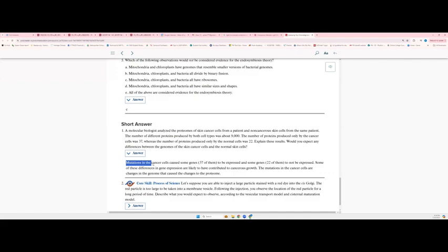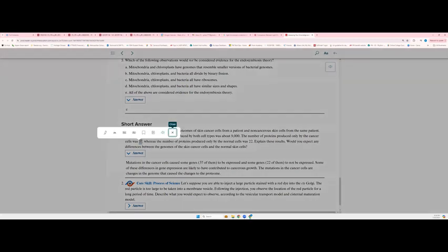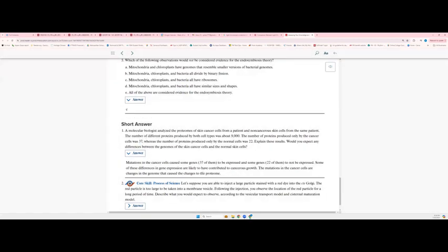Which means the gene in the cancer cell was mutated. Let's say there's a mutation in the cancer cells that causes some genes to express, and this 22 is what the normal cell didn't express, because the different number of proteins are expressed differently. During cell growth, a lot of proteins are involved.